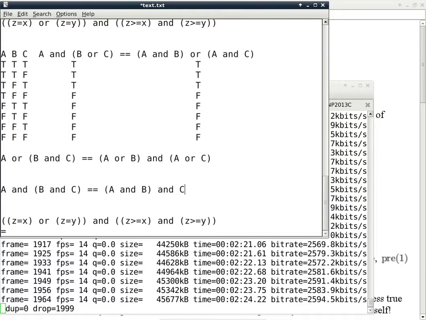Now, how do we call this rule in algebra? Associative. Exactly. It's called the associative property of an operator. It applies to multiplication and addition in arithmetic, but it also applies to conjunction and disjunction in Boolean algebra.